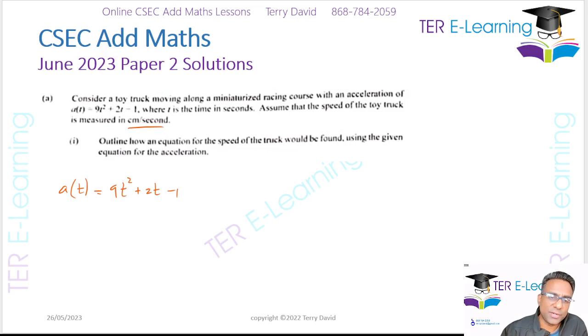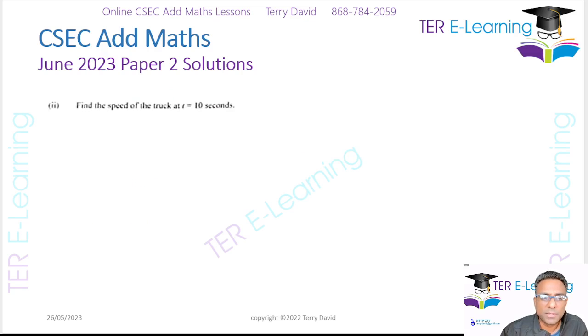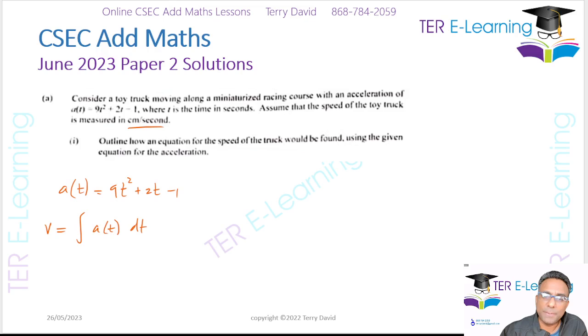But that's straightforward. If you want to get velocity, all we need to do is integrate your acceleration. They said outline. Did they say work it out? Well, we can go ahead and work it out one time. So velocity is equal to the integral of 9t squared plus 2t minus 1 dt.